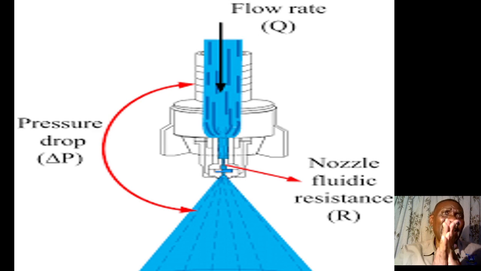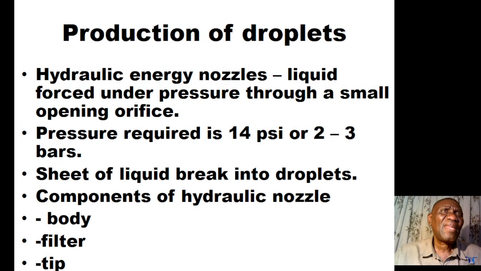That is the direction of the flow of the liquid. Then the liquid is going to be restricted via a small opening, and it breaks into droplets. So this is the hydraulic nozzle.